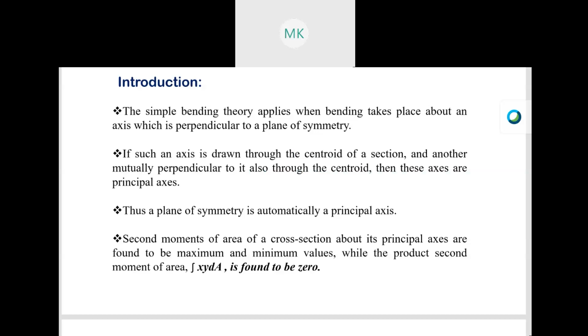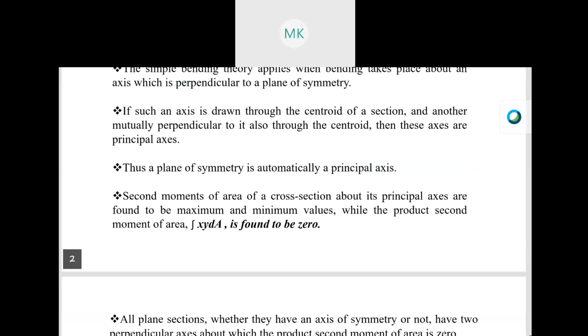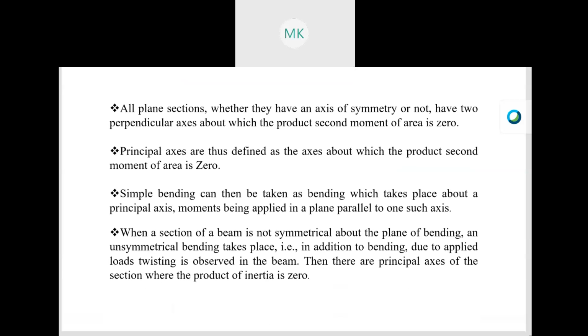Next, please see this: all plane sections, whether they have an axis of symmetry or not, always have two perpendicular axes about which the product second moment of area always comes out to be 0. Okay.